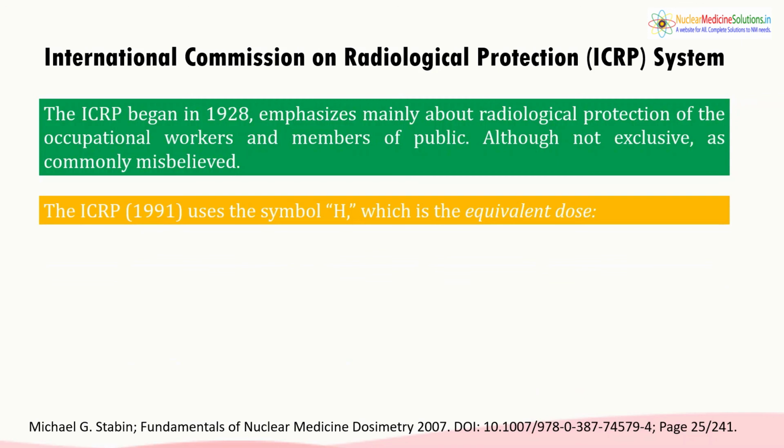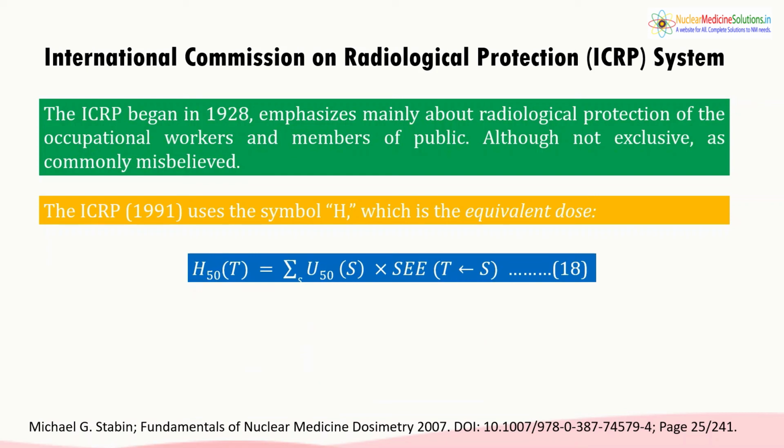They use the symbol H, which is equivalent dose, calculated for a period of 50 years as we discussed previously. H50,T is equal to the sum over S of U50,S times the C factor from source to target.